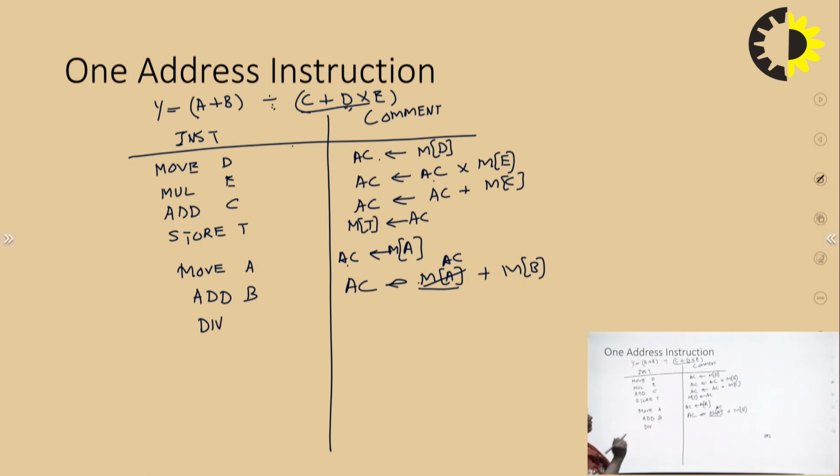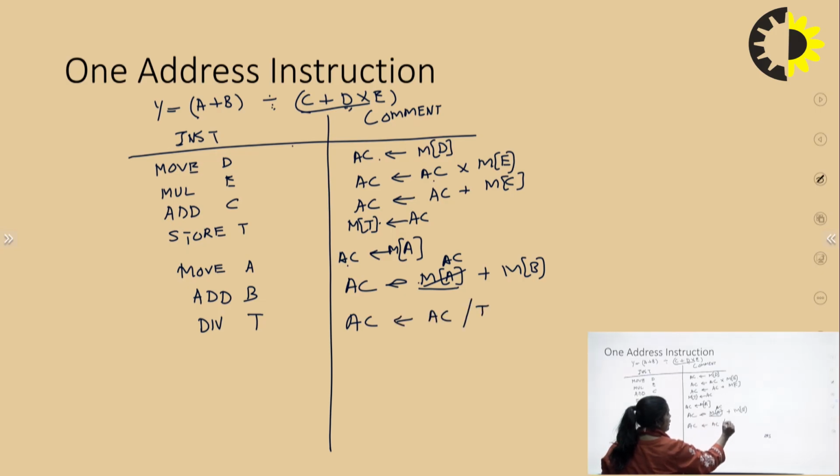Now in the division, divide. In the accumulator there is A plus B. Now the division by T, because T contains the C plus D into E. So the accumulator is divided by M of T. Now this complete value will be stored where?